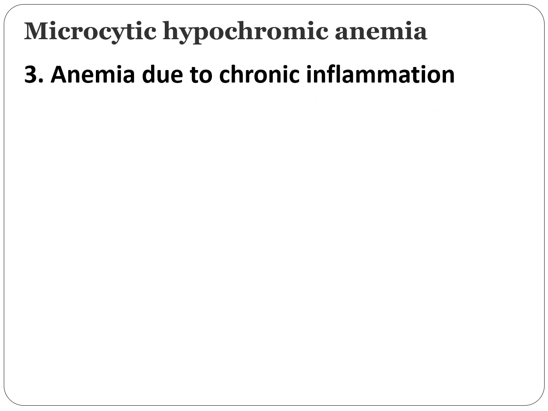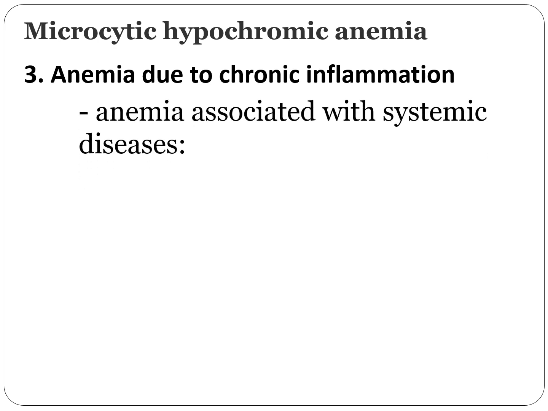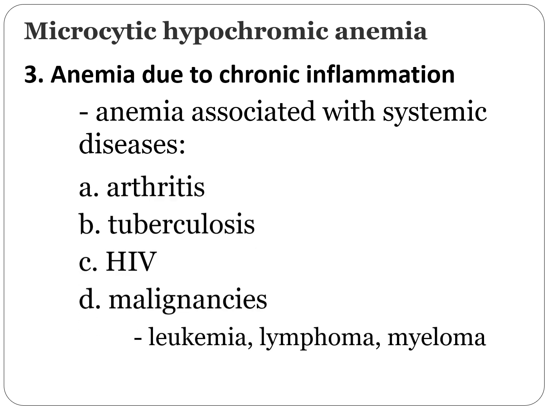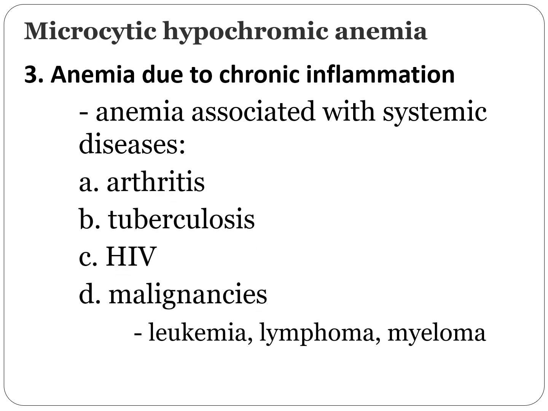Next is anemia due to chronic inflammation or anemia of chronic disease. Nowadays, ang tawag na dito would be anemia of chronic disease. So this type of anemia is associated with the systemic diseases such as arthritis, tuberculosis, HIV, malignancies, under that leukemia, lymphoma, and myeloma.